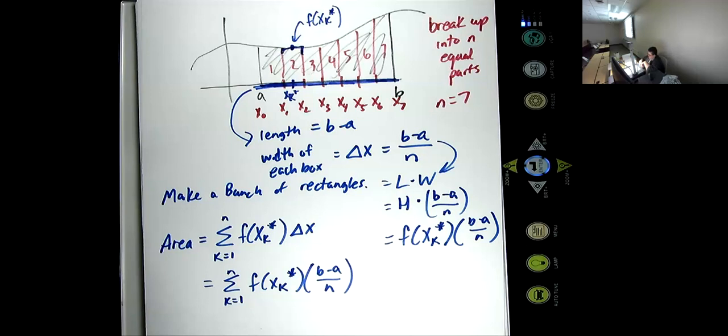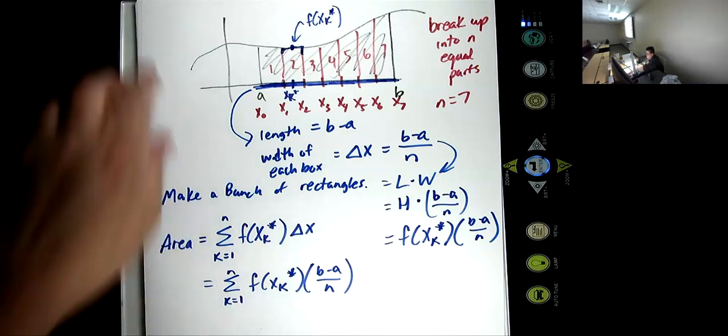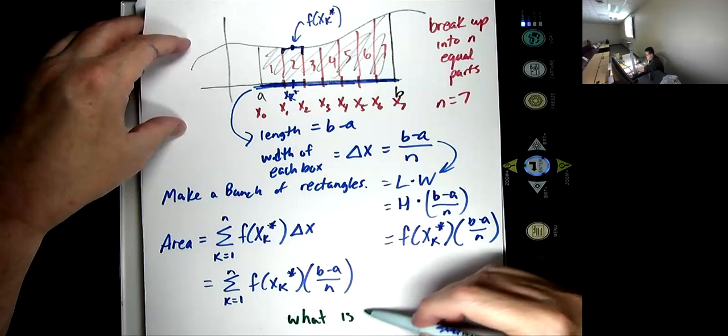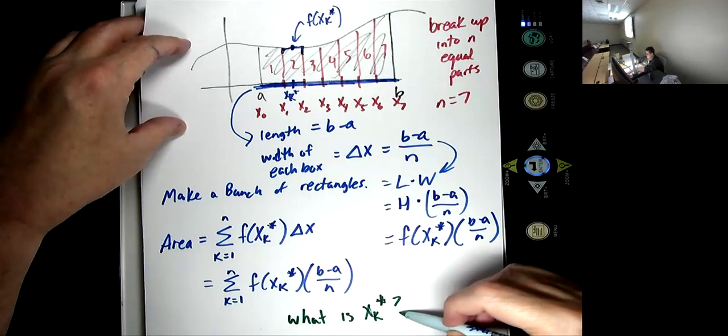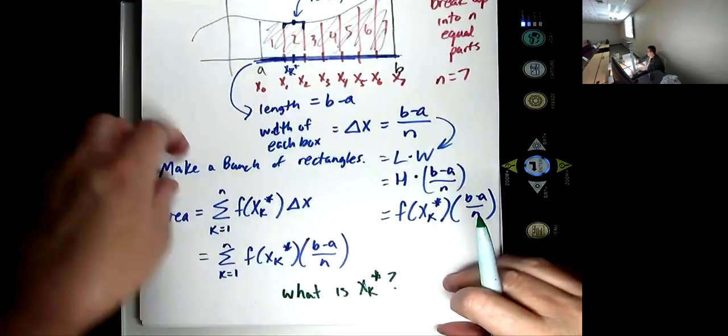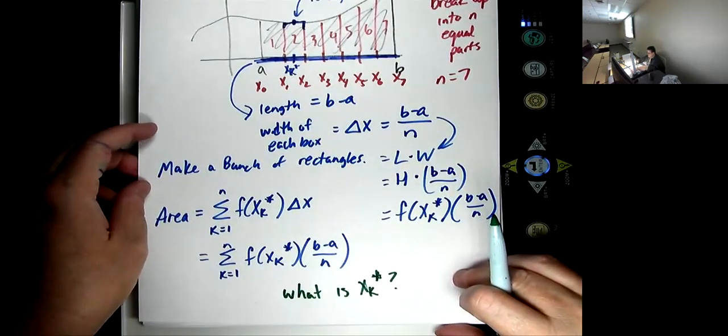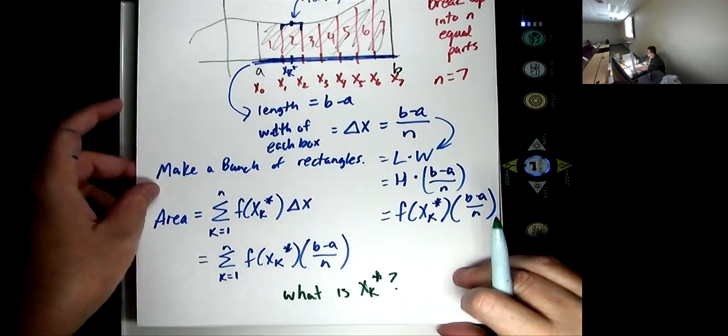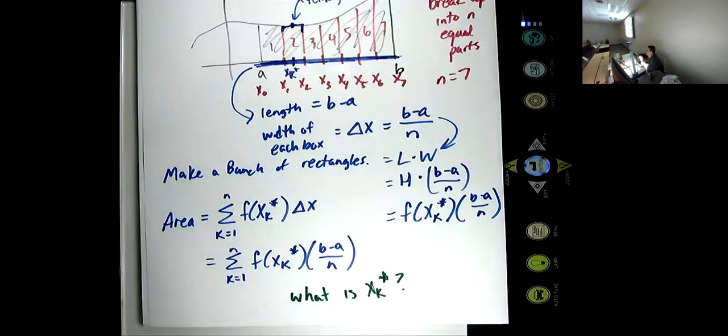So what does this f of x sub k star look like? Well, we need to figure out what x sub k is. Then we can look at what f of x sub k star is. Yeah, Preston, sorry.